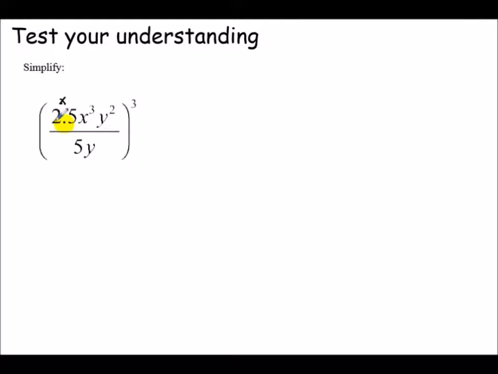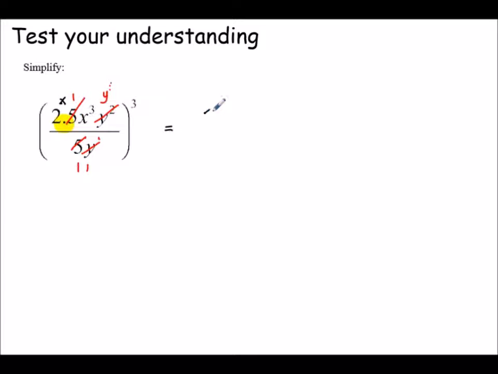But now I'm not going to say 2 multiplied by 5 is 10 because I could simplify this. 5 goes into 5 once, 5 goes into 5 once. I have a y here and y squared there. Y goes into y once, and I say y, 2 minus 1 will give me 1. I would like to rewrite that.